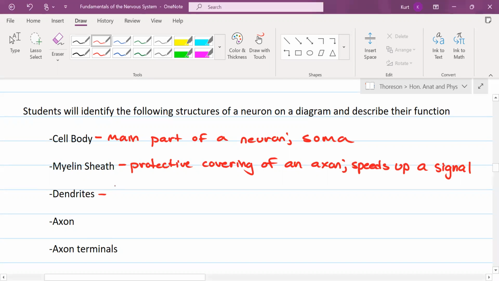Dendrites: receive signals from neurons.